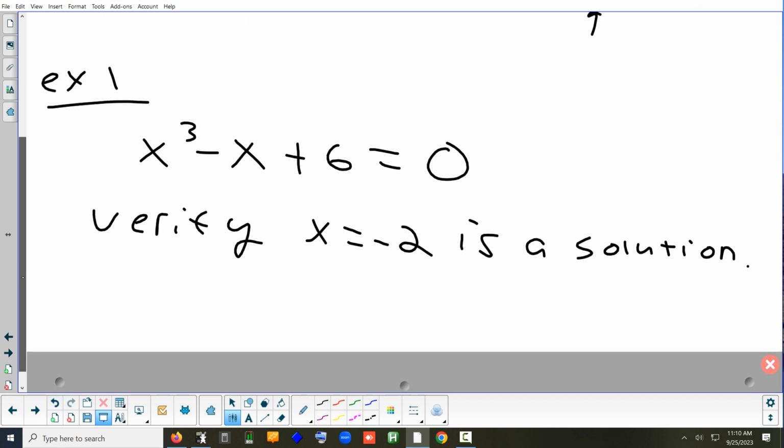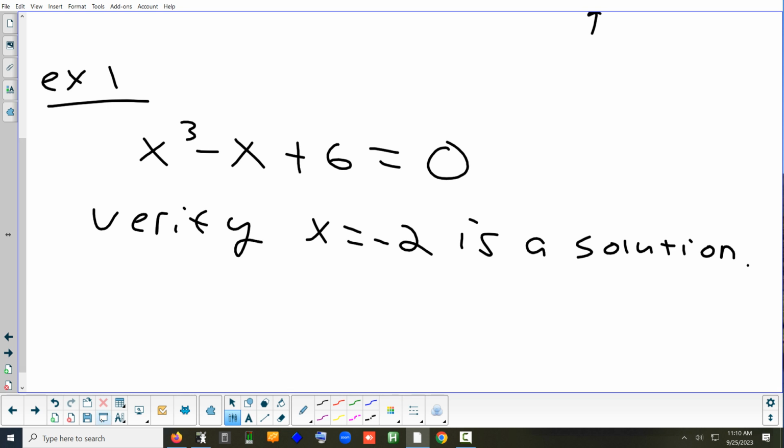Okay, so how would I check that -2 is a solution? Yeah, just plug it in. Remember, if you do want to do that on the calculator, you have to put the -2 in parentheses. Otherwise, it's going to cube the 2, which gives you 8, and then it throws a negative in front. So if you type that in on the calculator, you get -8.